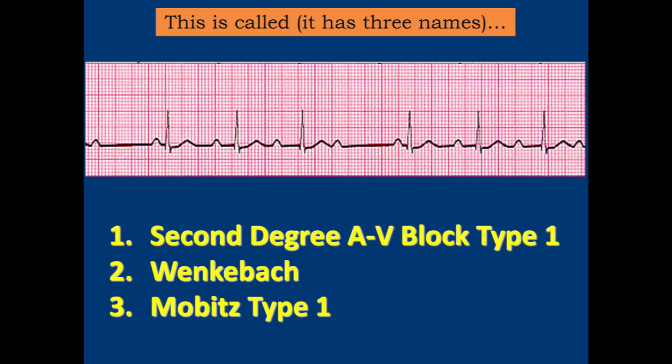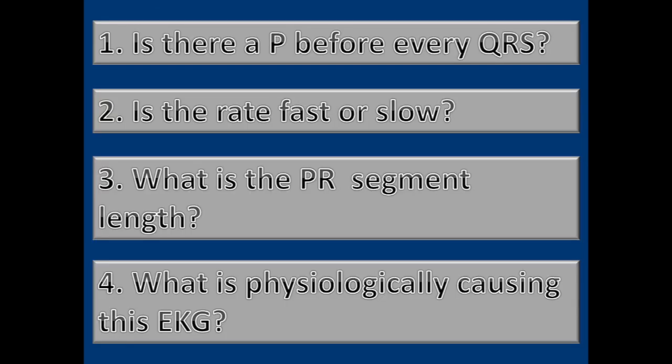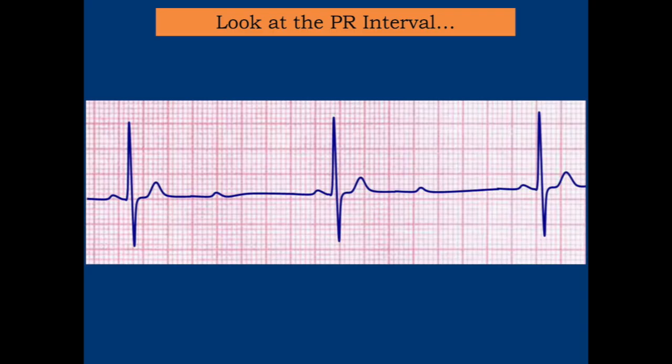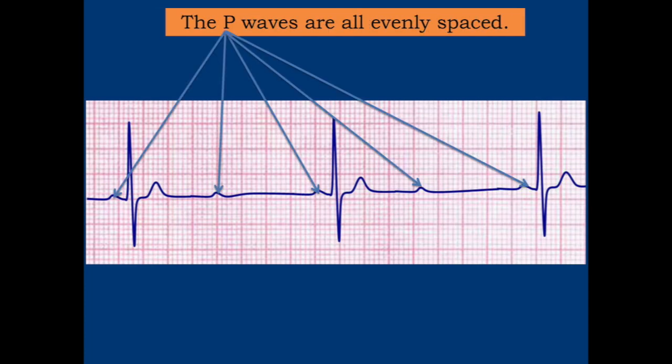So if you're going to take an ACLS class, you'll have to know these EKG rhythms. So look at the 4 questions. Look at this PR interval. You're saying, well, that looks pretty normal. But you see that every other wave is blocked, that the P waves are evenly spaced, even though there's not a QRS after some of those.